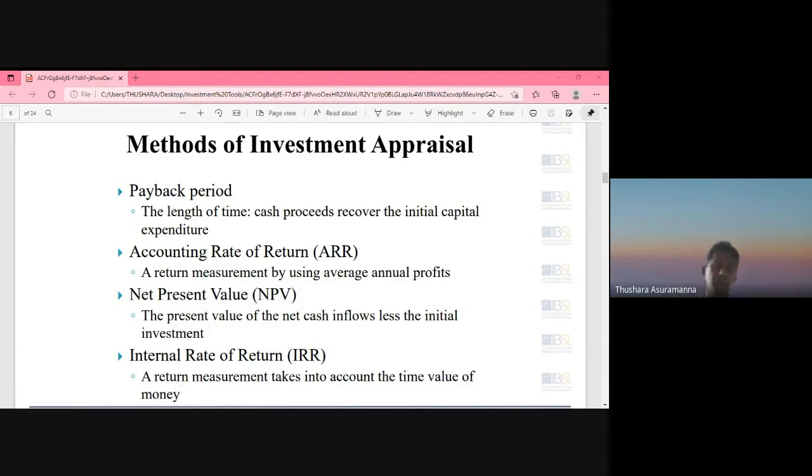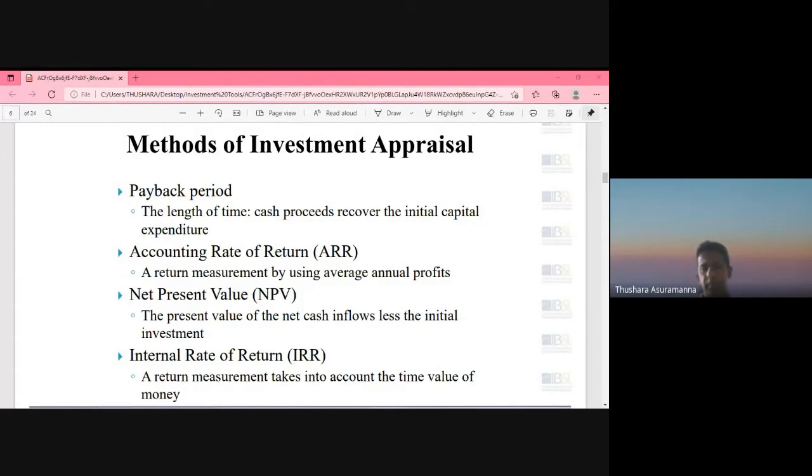We're talking about payback, accounting rate of return, net present value, internal rate of return. First we take them very briefly, and then with an example we try to get this further internalized with more clarity.